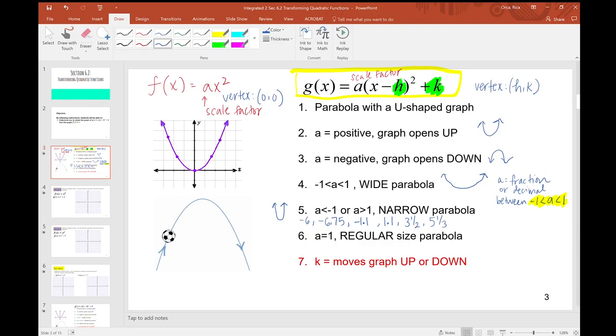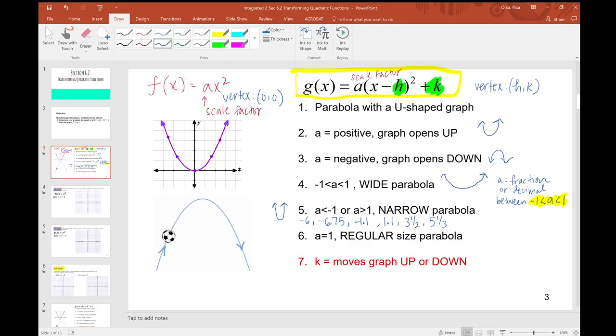I'm just making these numbers up. Notice how all of these numbers are either less than -1 or bigger than 1, which in return would make our parabola narrow. If a is 1, then we have what's called a regular size parabola.